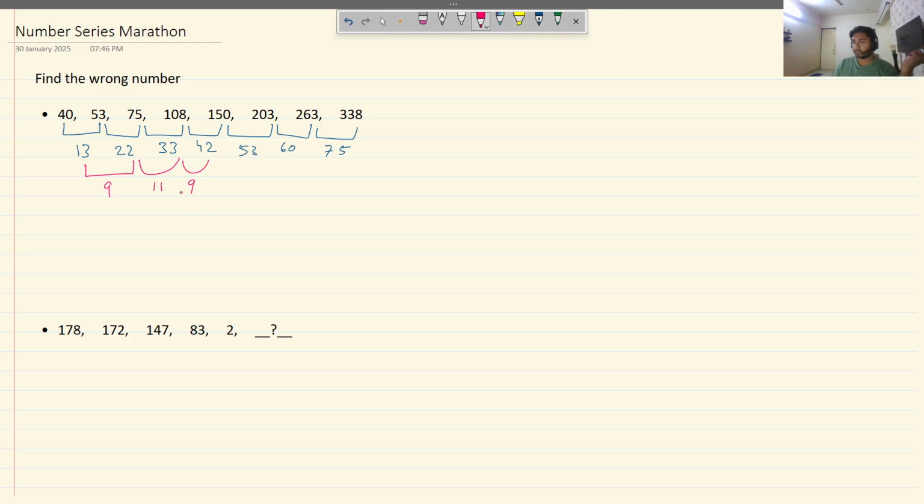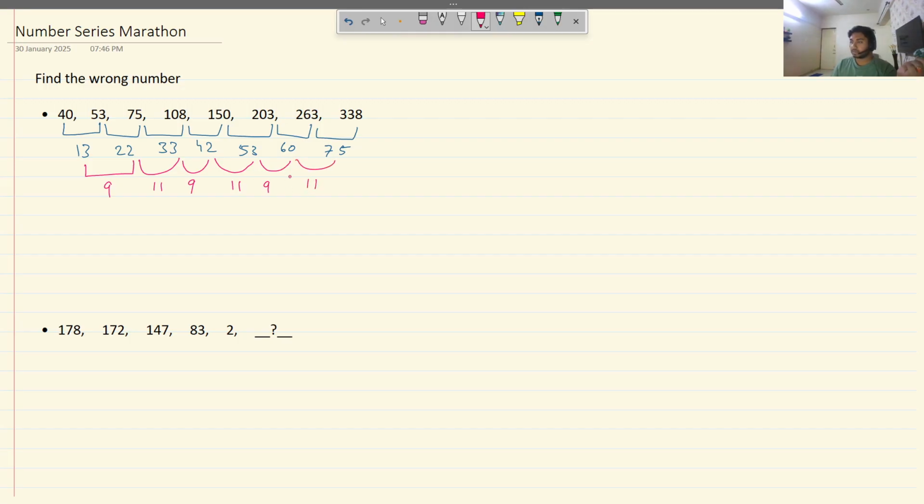Okay, so I can see a pattern over here. 53 and 42 is again 11. So now by taking the difference of difference, I see that it is going alternately with 9 and 11. So this difference must be 9 and this difference must be 11.